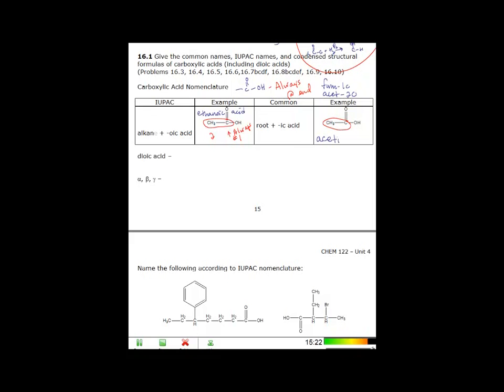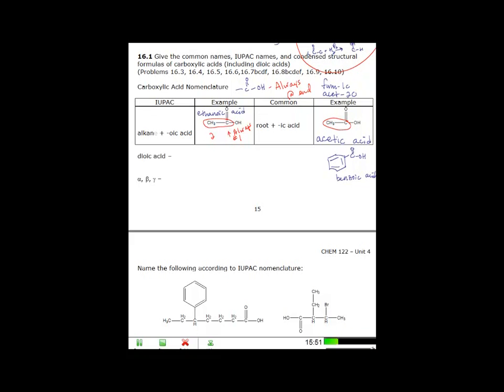So acetic acid. You guys probably have this in your pantry. This is vinegar. So acetic acid. The other common name that you learned from your orange flashcards, which I hope you're still practicing, this is benzene with the carboxylic acid. This is benzoic acid.